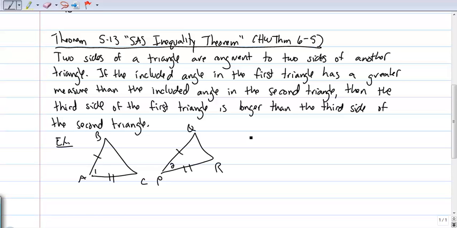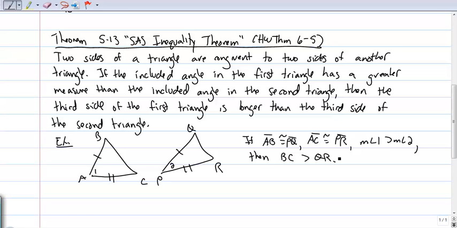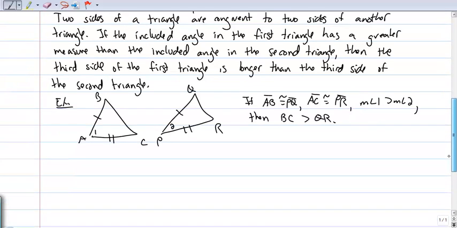What we're saying is, if segment AB is congruent to segment PQ, segment AC is congruent to segment PR, and the measure of angle 1 is greater than the measure of angle 2, then the measure of BC is greater than the measure of QR. It's like opening up the hinge, so to speak.